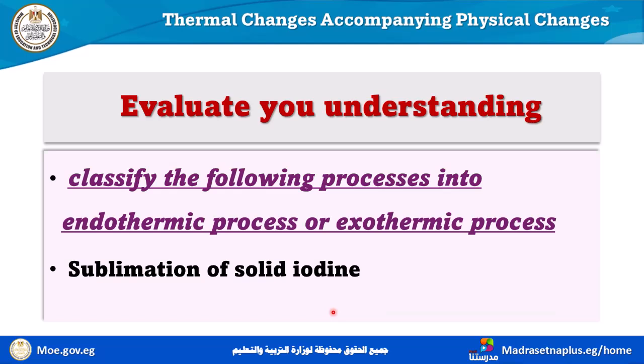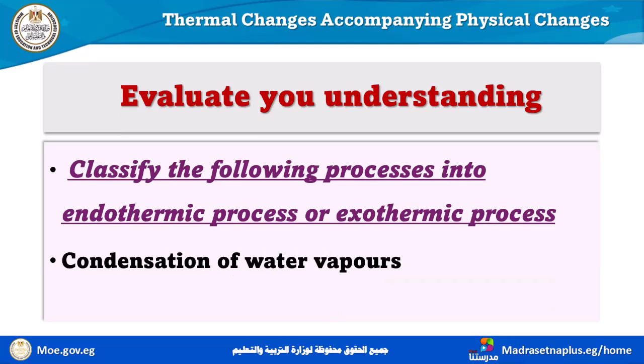This process needs energy, so it needs heat; it absorbs heat during this process, so it's an endothermic process. The second process in our classification into endothermic or exothermic processes is the condensation of water vapor.